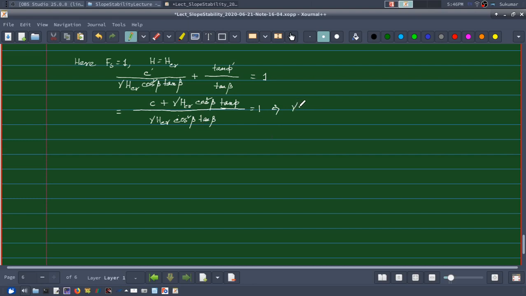So gamma H critical sine beta cos beta is equal to C plus gamma H critical cos square beta tan phi.